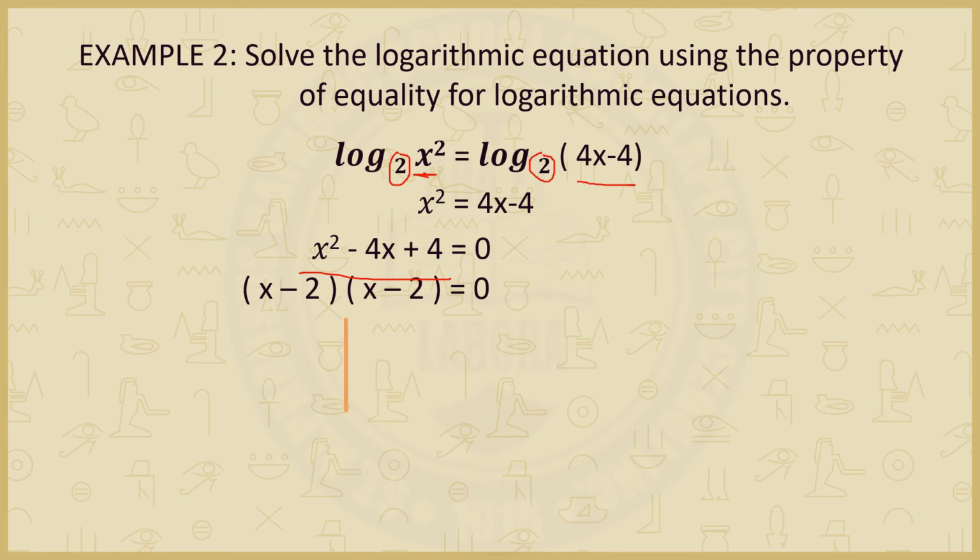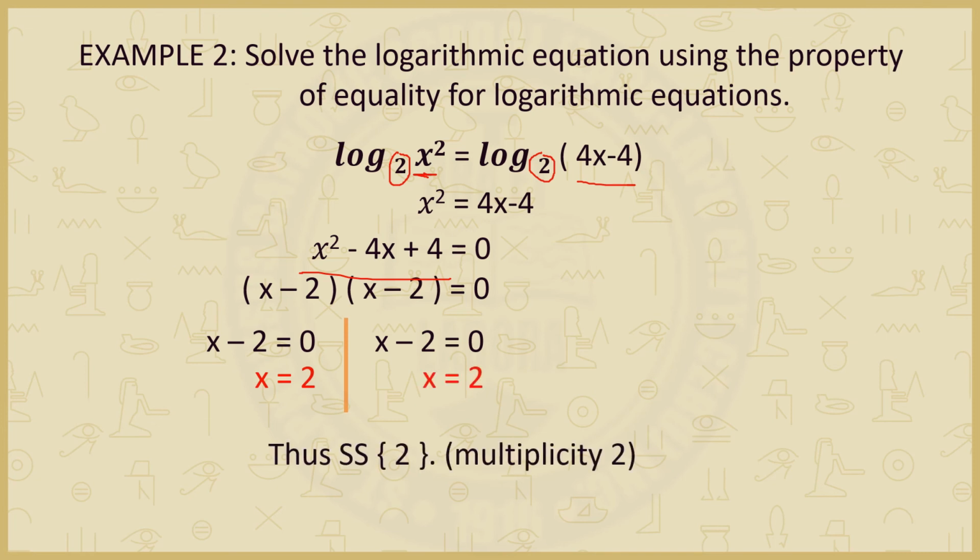After that, we are going to equate each factor with 0. So x minus 2 is equal to 0 and x minus 2 is equal to 0. Then get the roots, and x is equal to 2. x is equal to 2 as well. Thus, the solution set is 2, which has a multiplicity of 2.